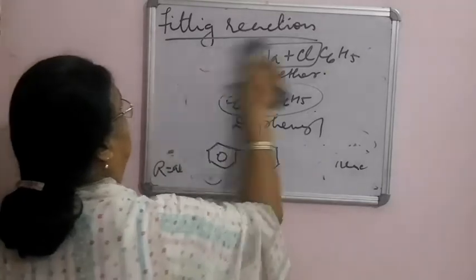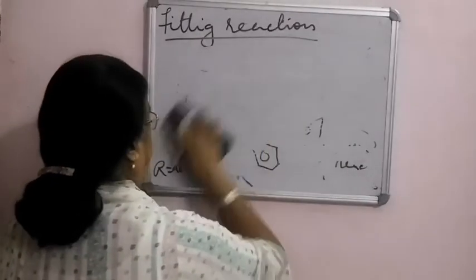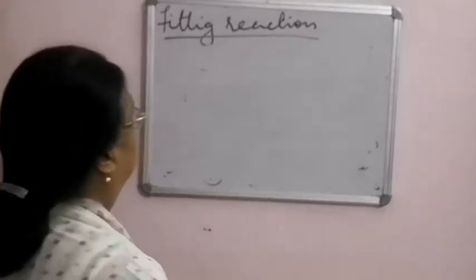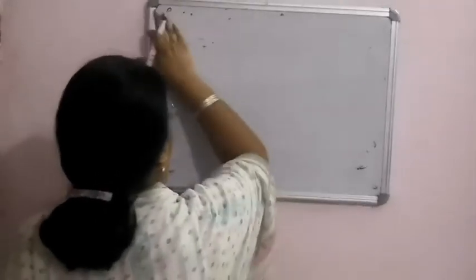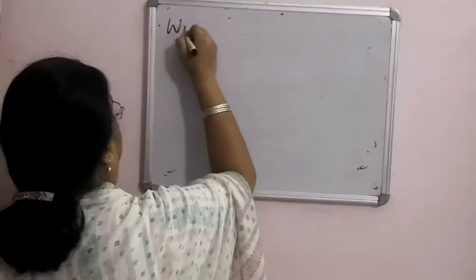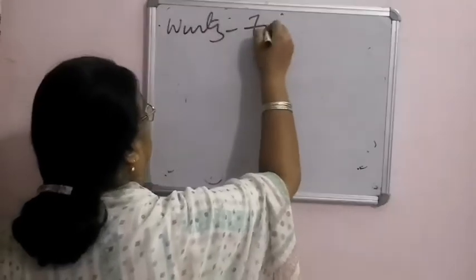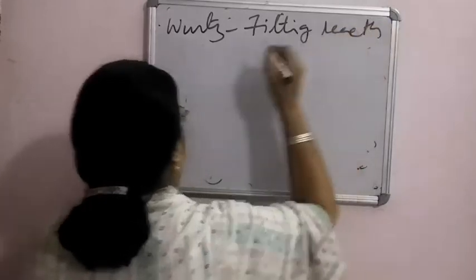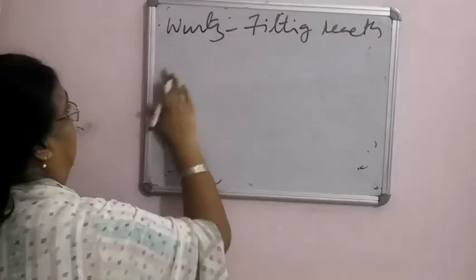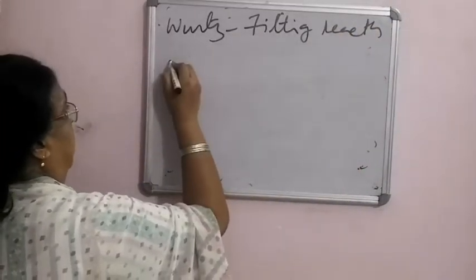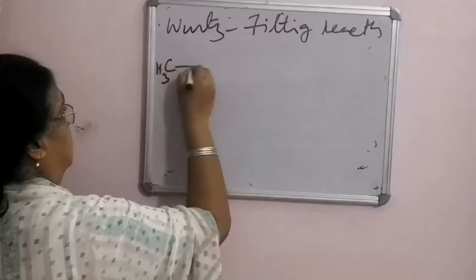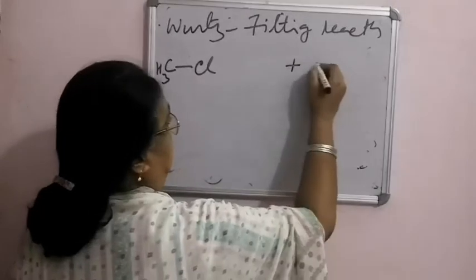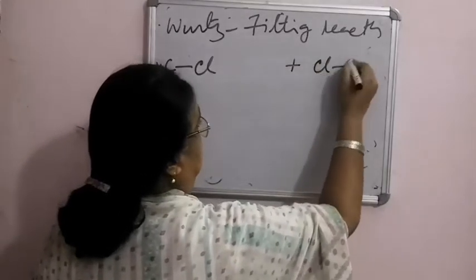Now the next example is the Wurtz-Fittig reaction. Wurtz-Fittig means a combination of the Fittig and Wurtz reactions. In Wurtz we take an alkyl halide, so take CH3Cl, and in Fittig we take chlorobenzene.